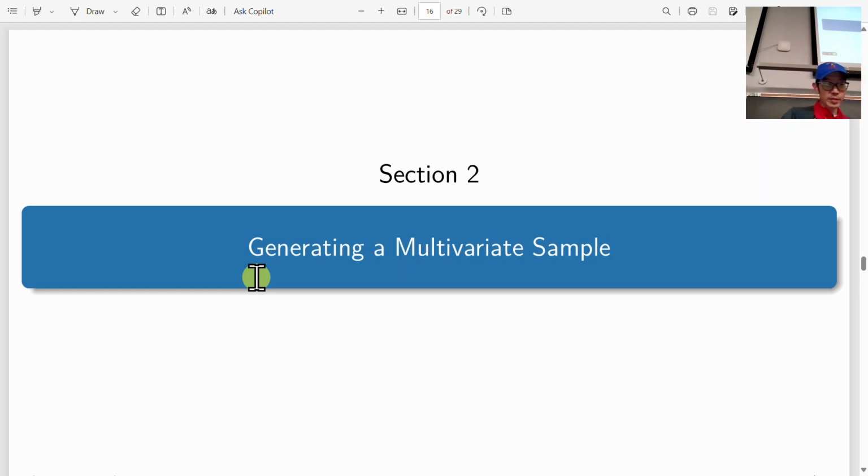Sometimes we want to generate multivariate samples. I'll start with the discrete case, and then we'll do a multivariate normal, and leave it at that. With higher dimensional random variables, you could have all kinds of complicated probability structures.